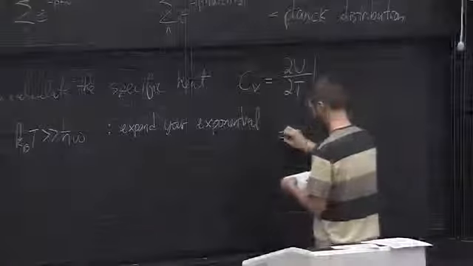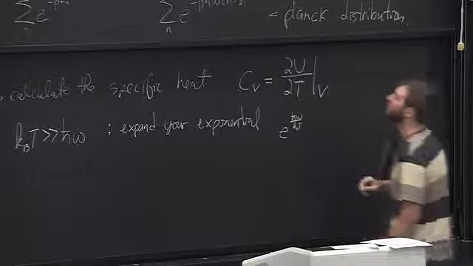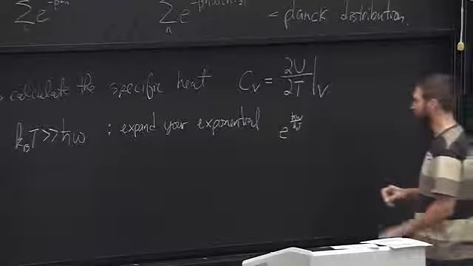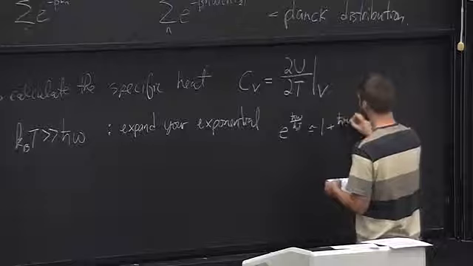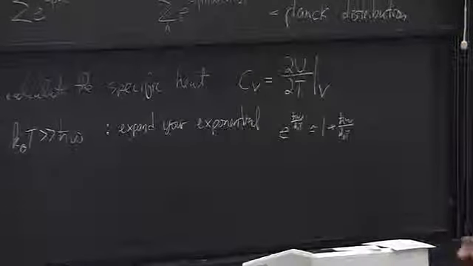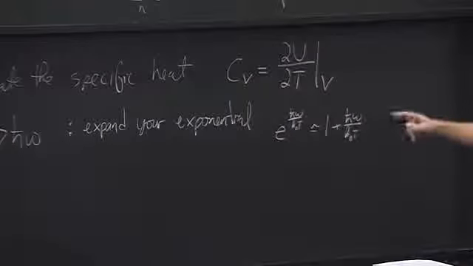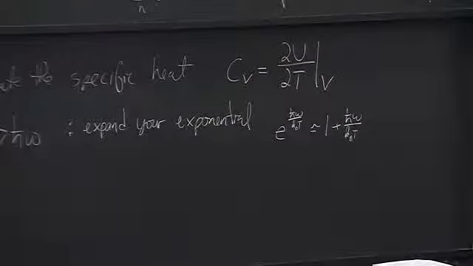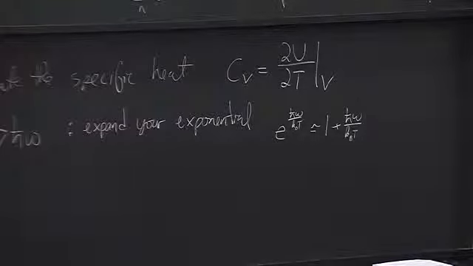So h bar omega over k_B T is in the exponential, and I can see how the 1 is going to cancel. Then again, it'll be left with h bar omega over k_B T. And up in that energy expression, I have an h bar omega.